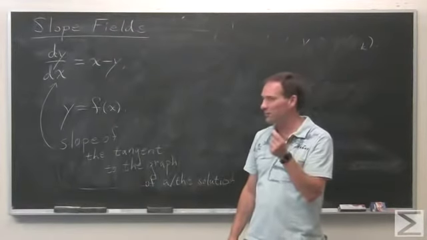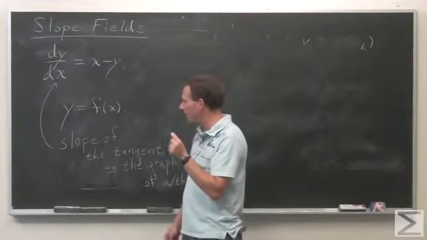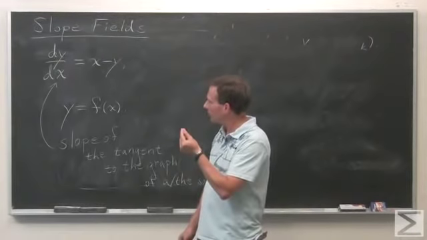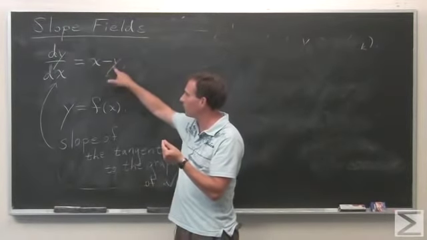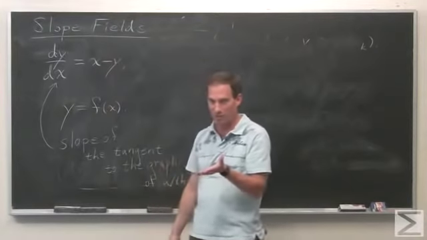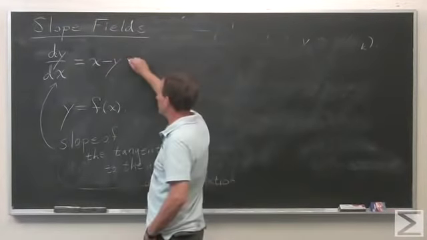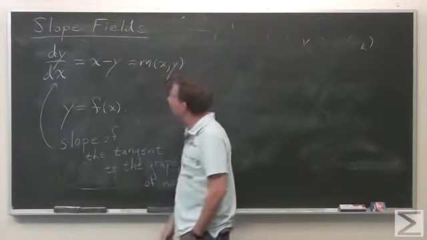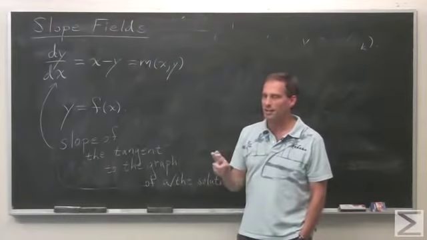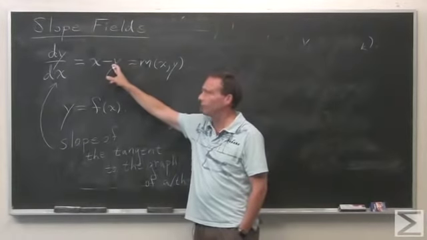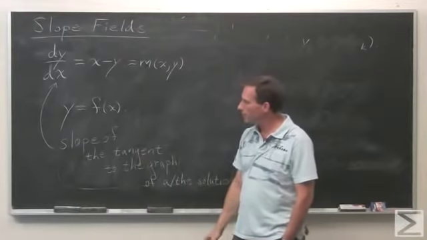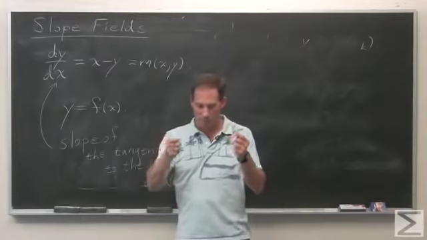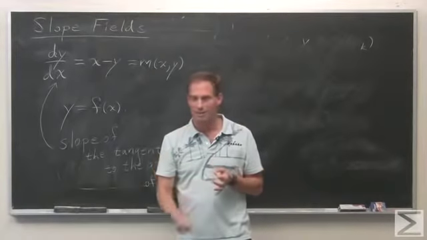So what you do is draw a bunch of little line segments at lots and lots of points, ideally, that have the slope specified by the function over here, m of x, y, which in our case is x minus y, but in other cases it could be other things. It's almost like a connect-the-dots problem from when you were a kid, except the dots were numbered and you just drew straight lines from one dot to the next.